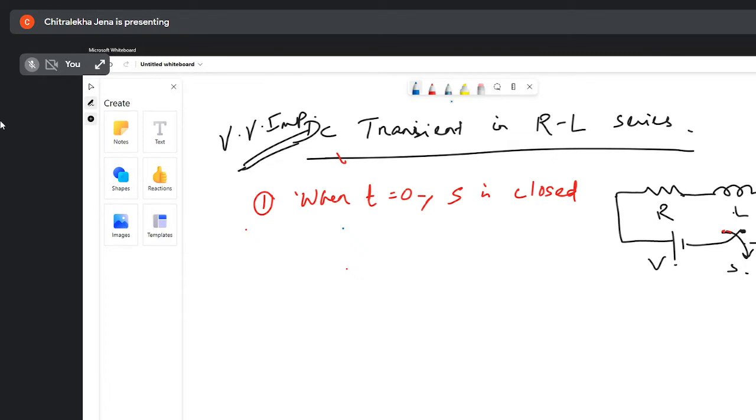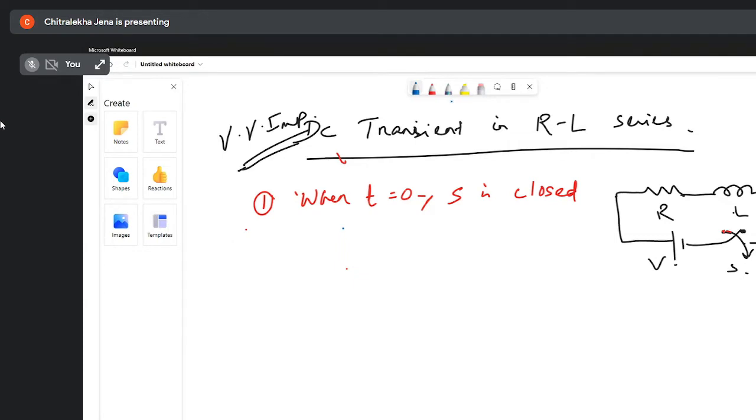Abhijit, DC current will flow. 854. Who is answering? Vivesh? No, ma'am. 817. Ma'am, AC will stop because inductor stops the flow of AC current. So, still I am not clear what exactly you are telling.